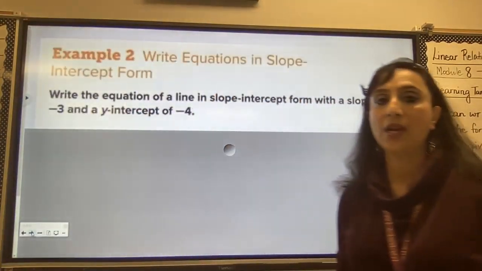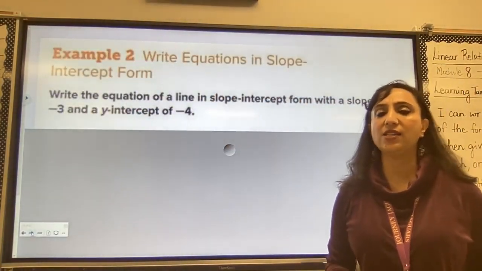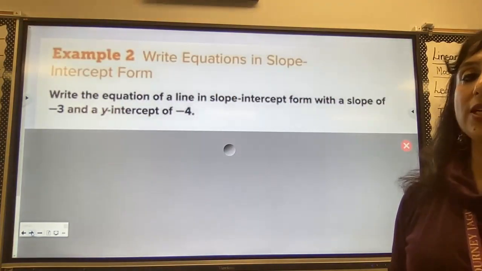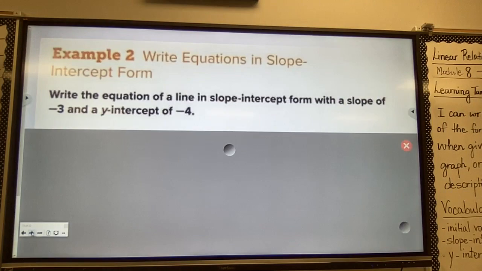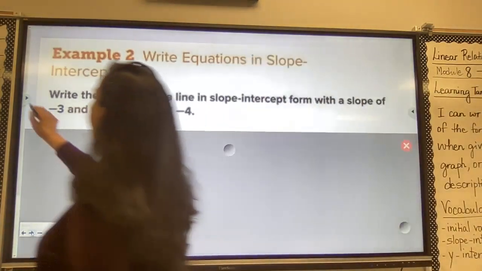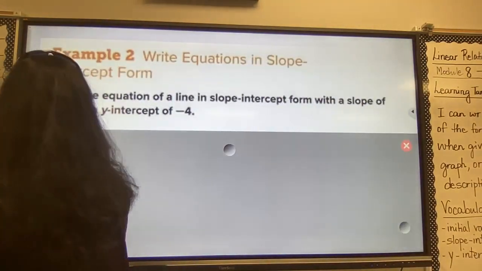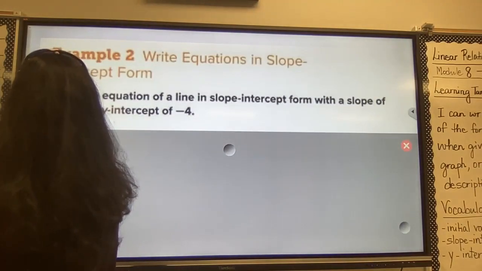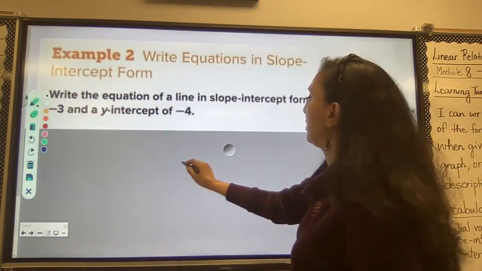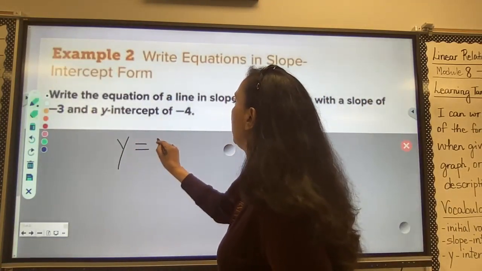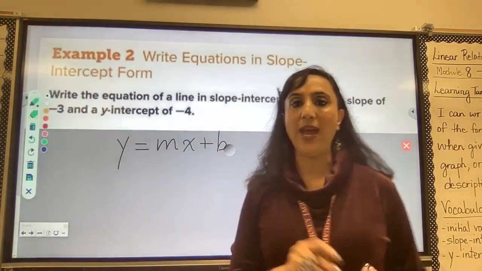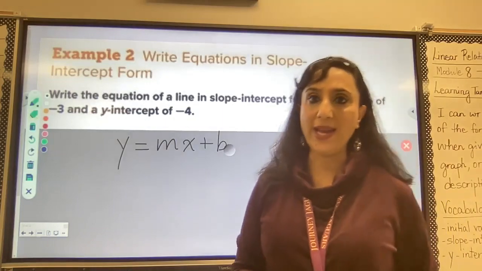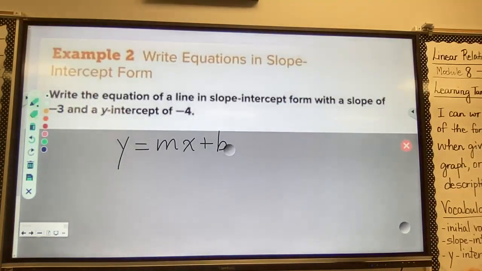let's look at this. Write the equation of a line in slope-intercept form with a slope of negative 3 and a y-intercept of negative 4. So once again, we are going to write the equation, and the equation is y is equal to mx plus b, where m is the slope and b is the y-intercept. So what does it say that the slope is?